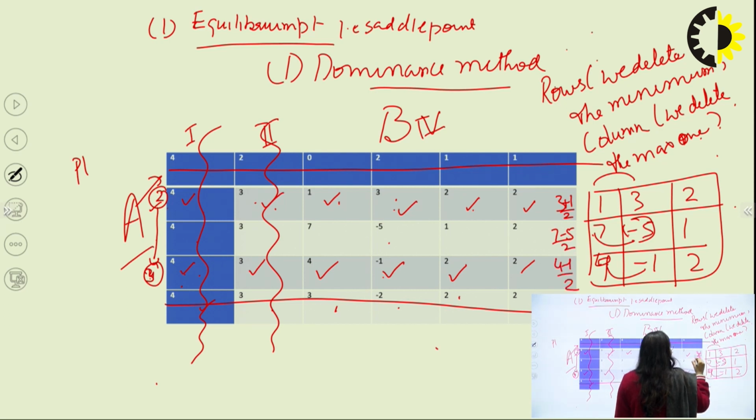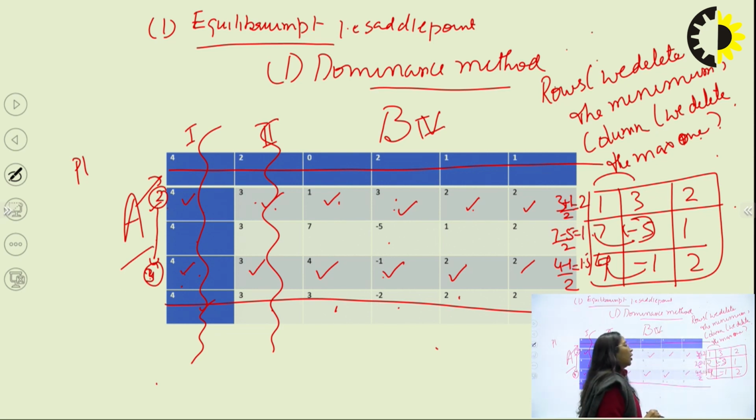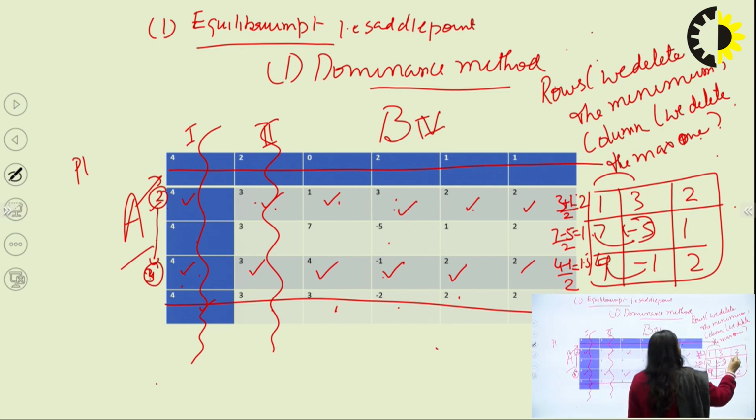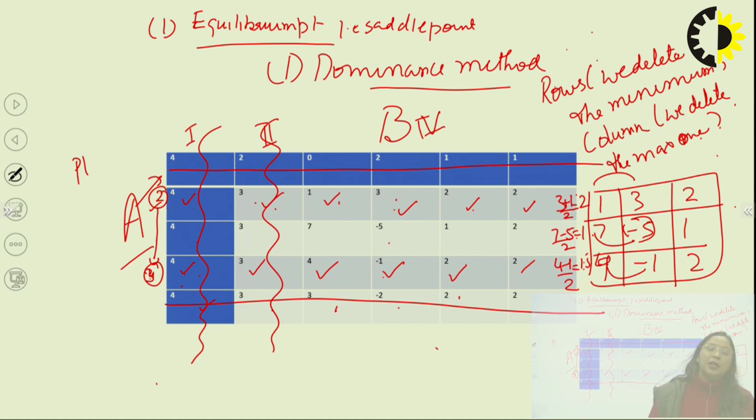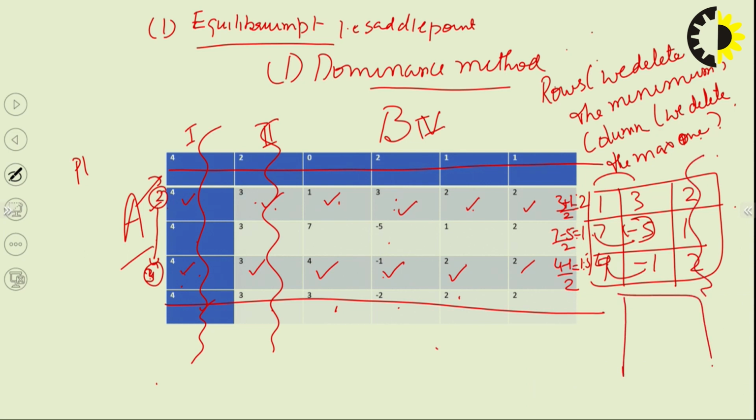So it comes out to be 2, 1 and 1.5. Now this is 2, 1, 1, 1.5, 2. What we do in columns, if you remember, is eliminate the bigger column. So what will happen over here? We will delete this column. Now it will be reduced to this.